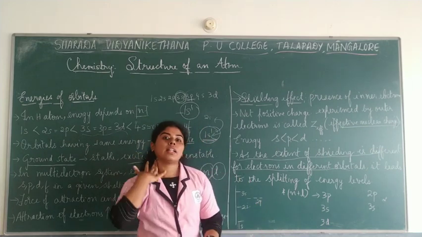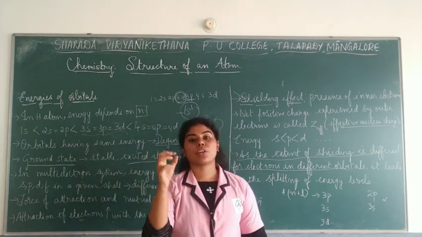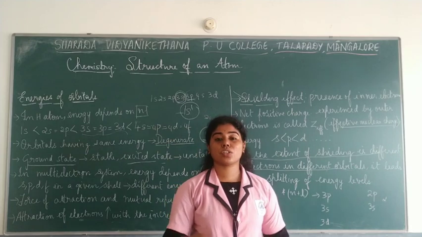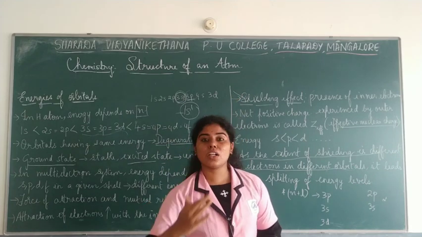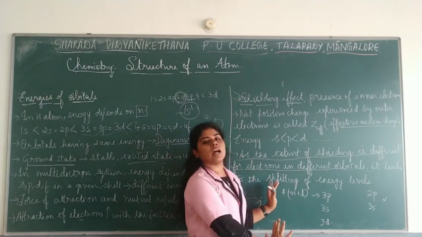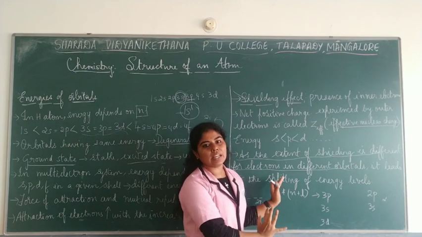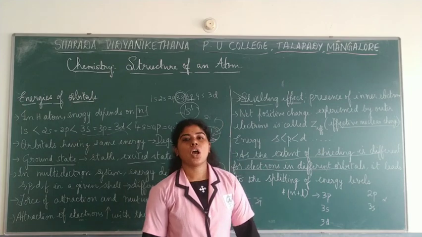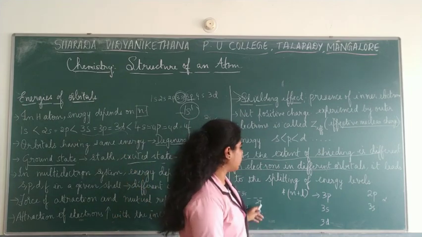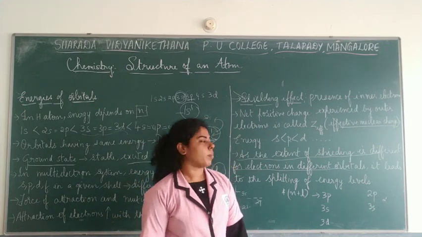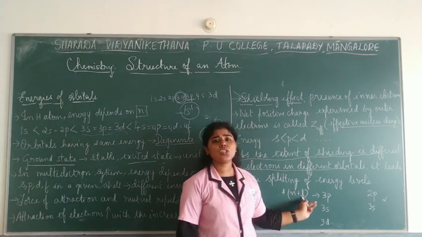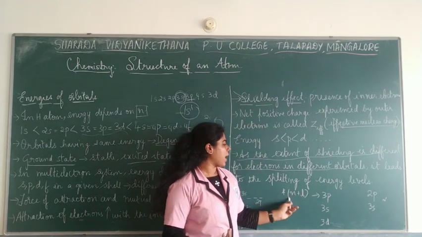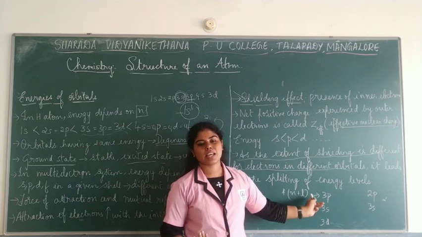This is how the energy level diagram is written, and you remember how to write the electronic configuration, as I told, using the diagonal rule. Depending on the extent of shielding of different electrons, the energy level diagrams are given. So this is about the energies of the atomic orbitals. Now you can also compare energies by another method, that is the n plus l rule.